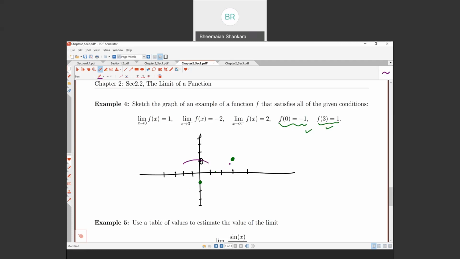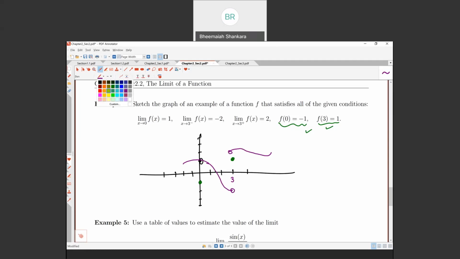And then when x is approaching 3 from the left, the value of the function is -2. So say here is 3, and the value of the function is -2. And then when x is approaching 3 from the right, the value of the function should be 2. So I want you to draw a nice smooth curve which shows that the value of the function is 2, which is an open circle. But again, there's one more curve coming from the right here, which shows that the value of the function is 2 here.